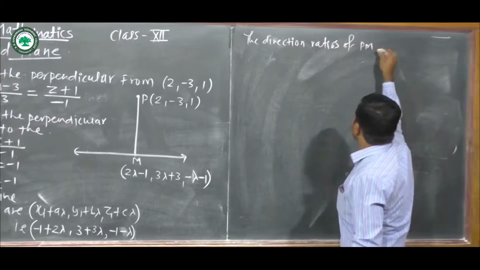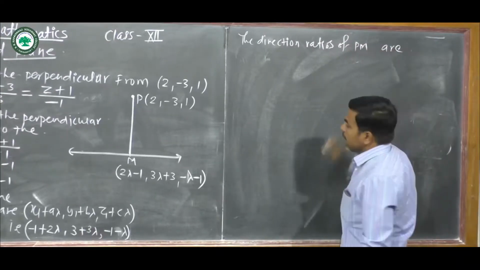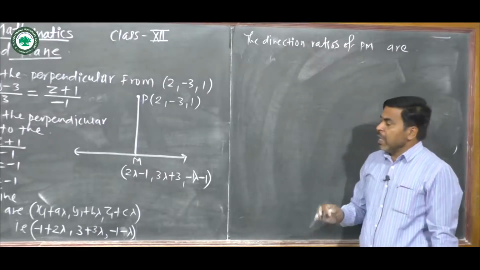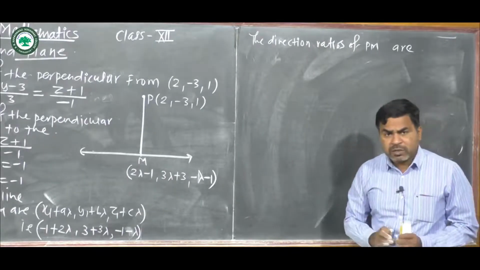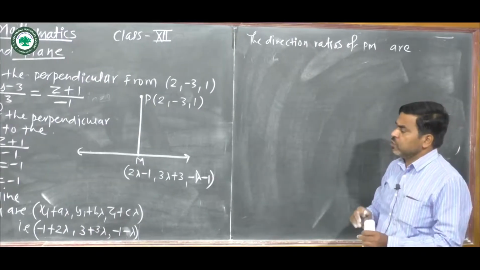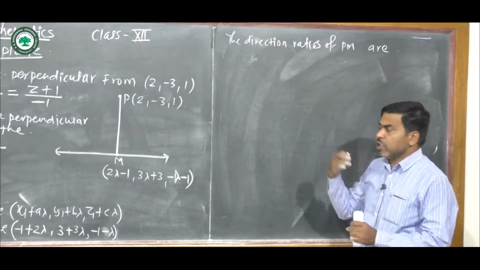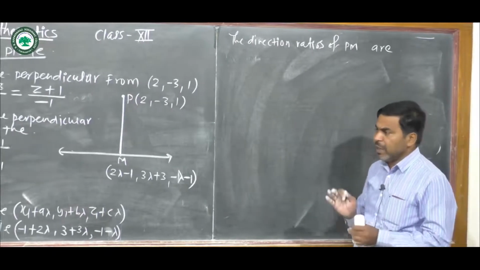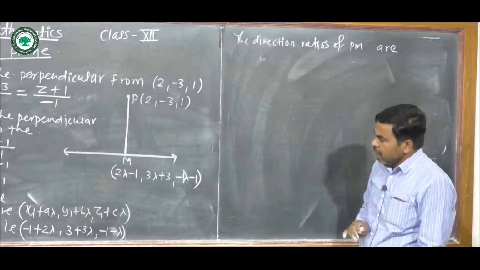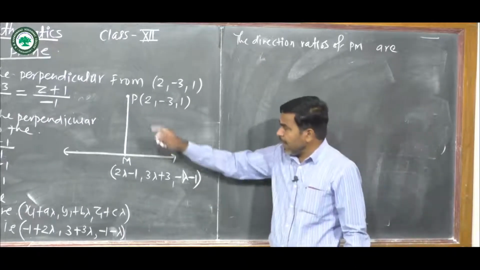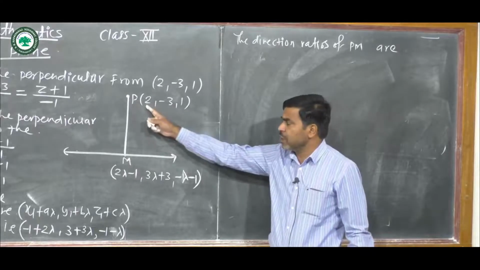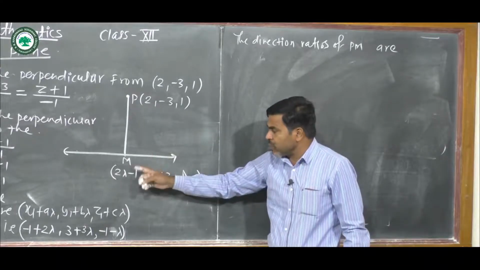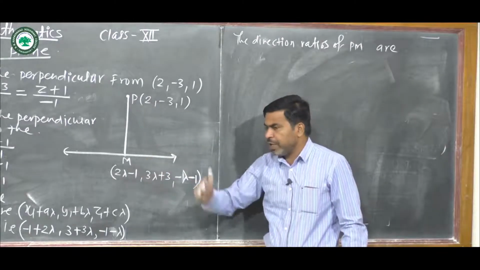We know that if we have any 2 points on the line x1, y1, z1 and x2, y2, z2, then the direction ratios of that line are x2 minus x1, y2 minus y1, z2 minus z1. Now consider x1, y1, z1 as the coordinates of point P and x2, y2, z2 as the coordinates of point M.